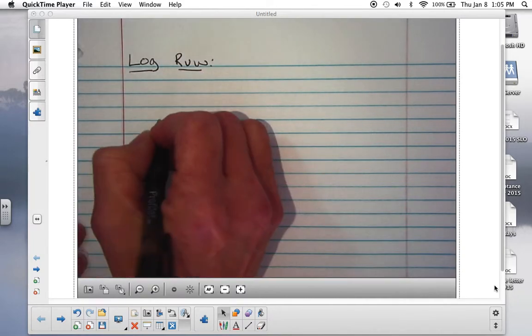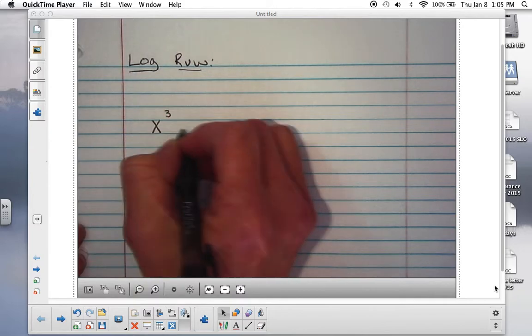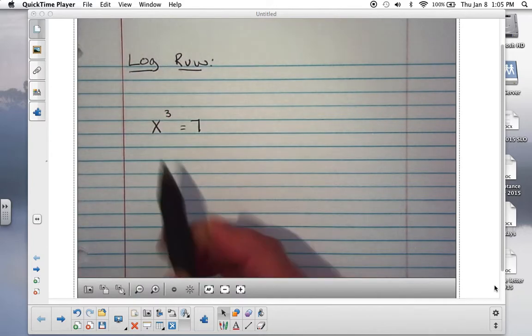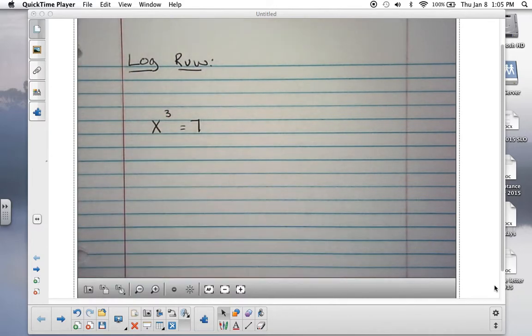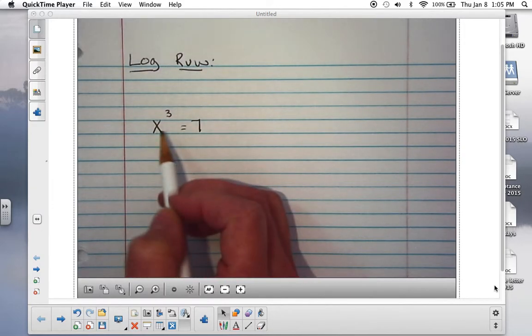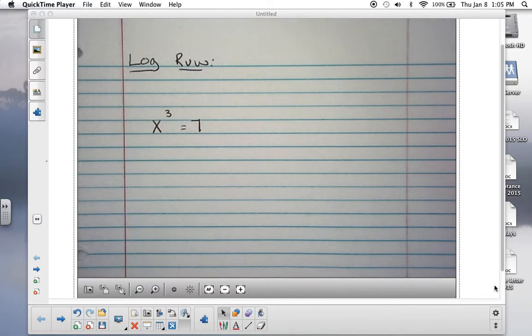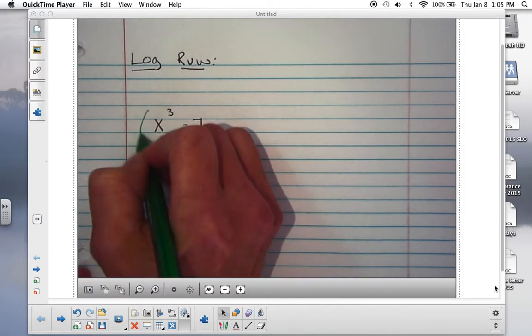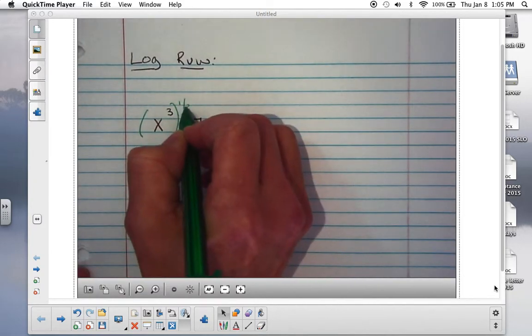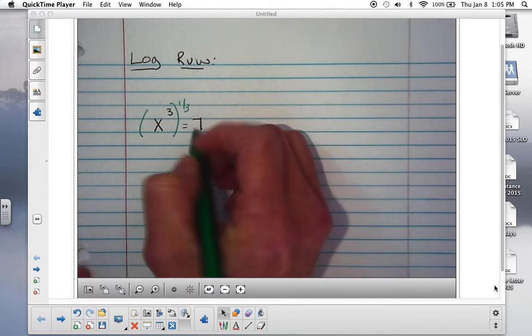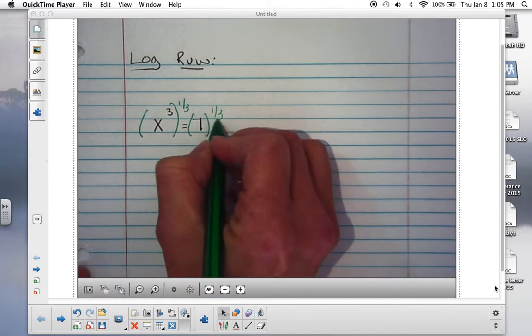First of all, when we are solving for x and it's down here low, meaning low in the base, the way to get that x all by itself is to raise both sides to the reciprocal of this exponent. So we're going to raise both sides to the 1 over 3, because this is 3 over 1. Do the left and the right.